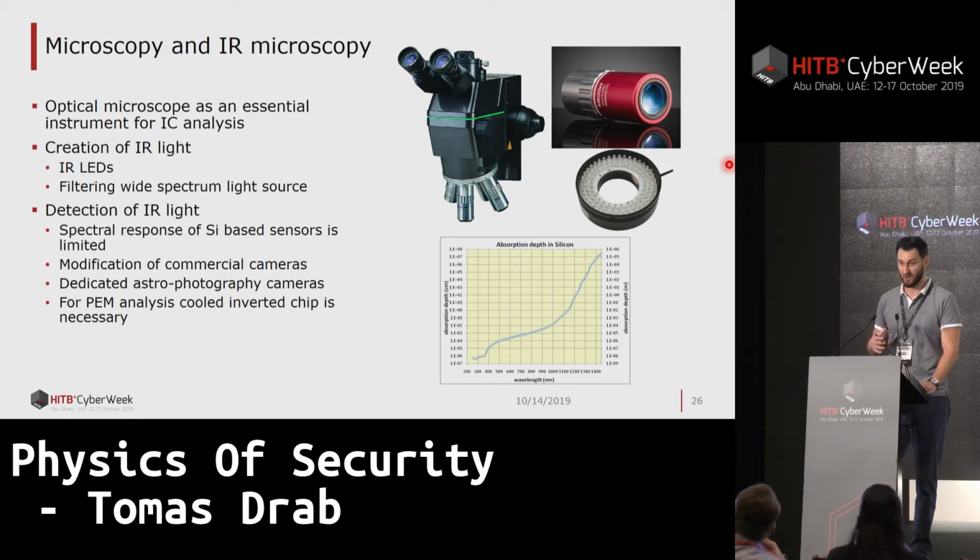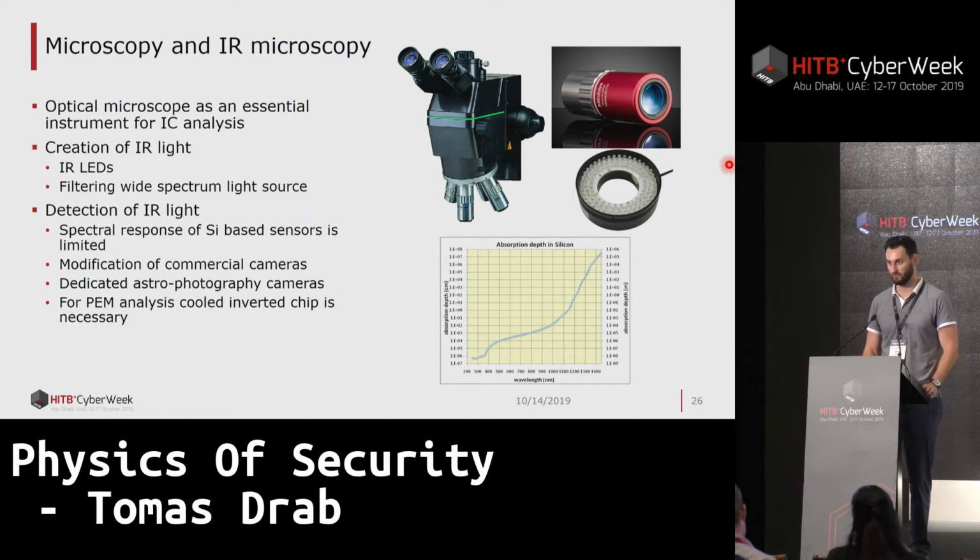Also, you need to somehow detect the light, because you cannot see it with your eyes. If you want to just view the chip from the backside, I think it's easy. You can just buy any camera and remove the infrared filter, and probably you're good to go.